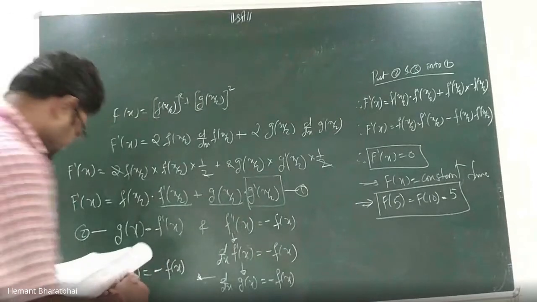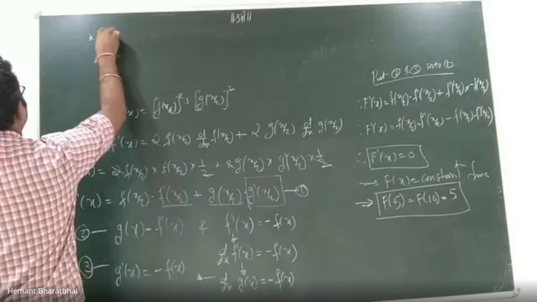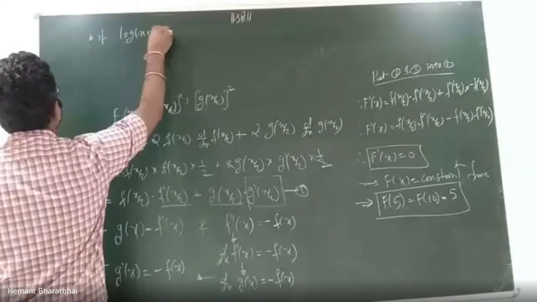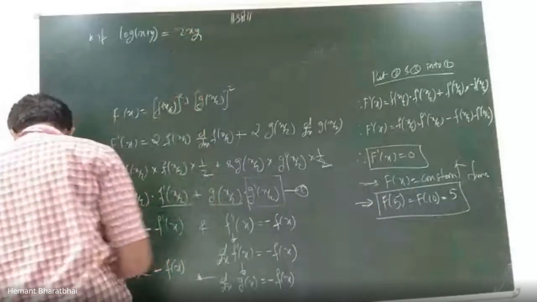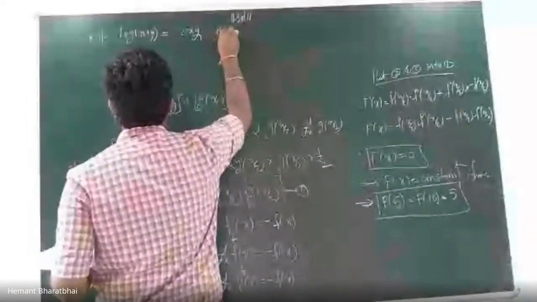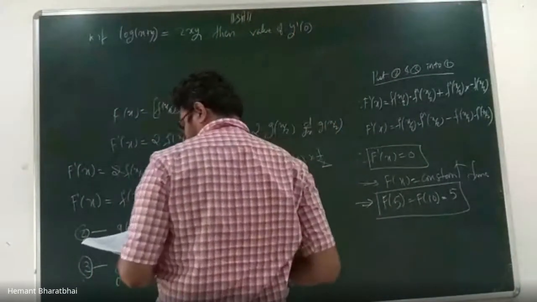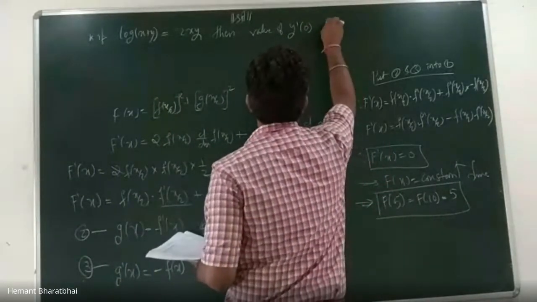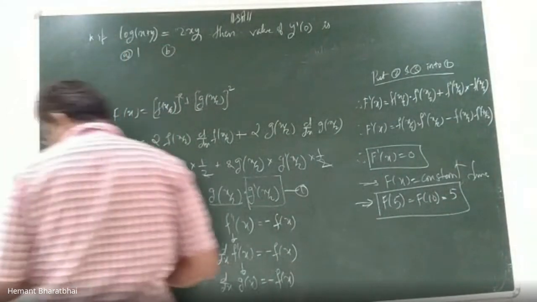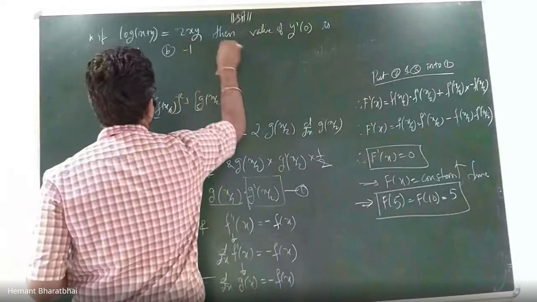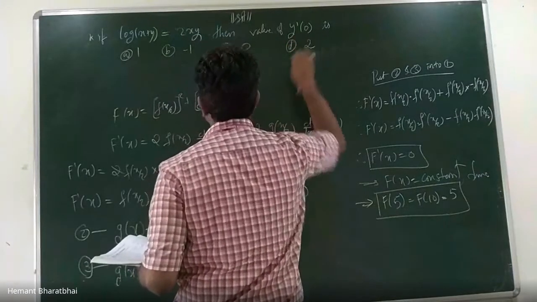So the next question is: if log of x plus y is equal to 2xy, then the value of y dash of 0 is: option number A 1, option number B -1, option number C 0, and option number D 2.